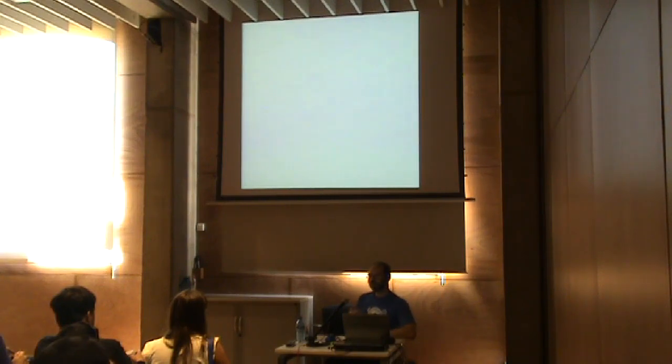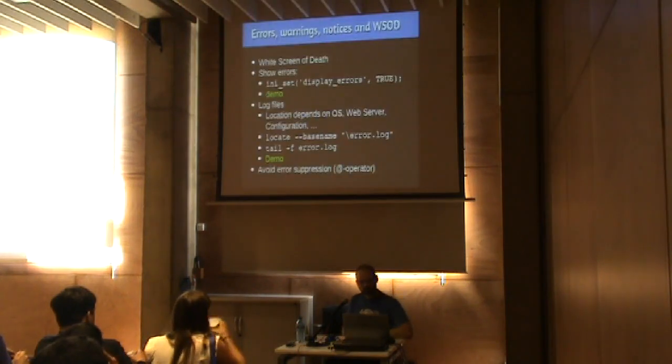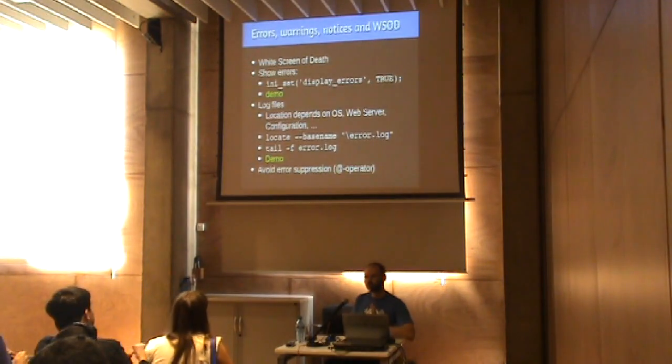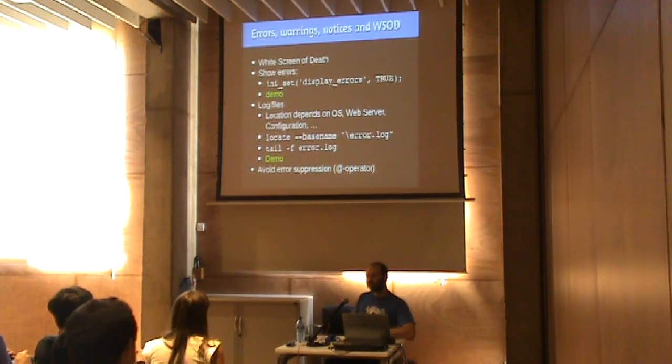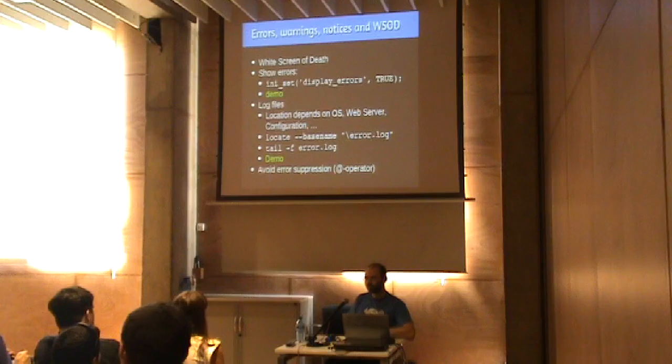So you generally run into this mostly on live servers, not on development servers. I'll show you why in a second. There's two approaches you can take to deal with this. Actually, the best way probably would be to look at your log files, because what's happening in the white screen is that behind the scenes there is an error, but PHP is set to not display errors, which is likely on a production machine.